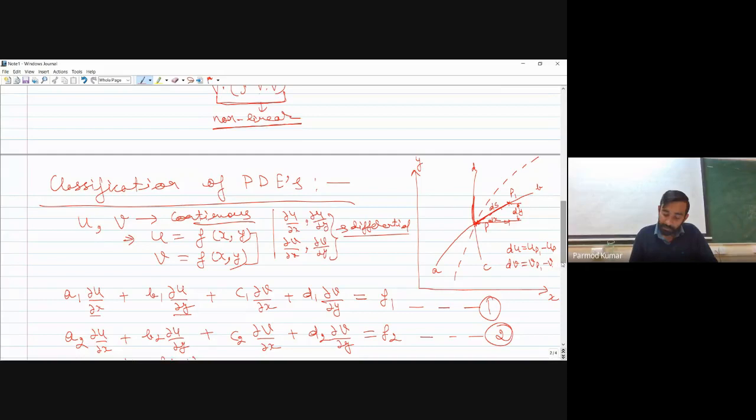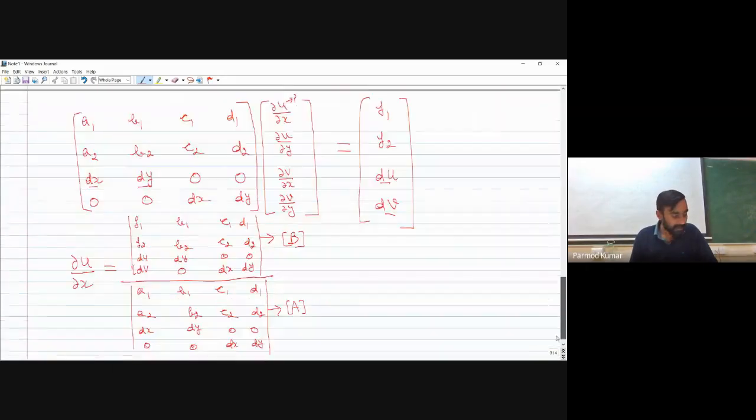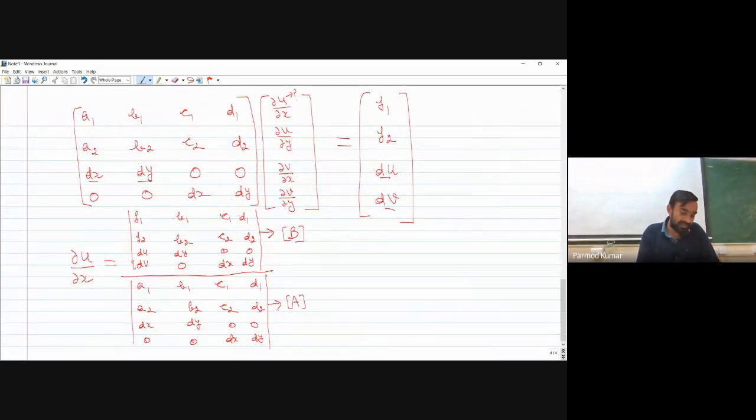Now mathematically, from Cramer's rule, this is how we can calculate the value of del u by del x. And if in our denominator the determinant of matrix A becomes equal to 0, in that case we will find that del u by del x is nothing but infinite.